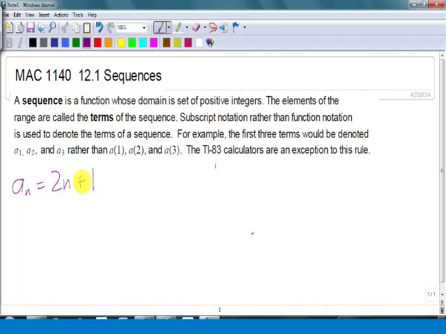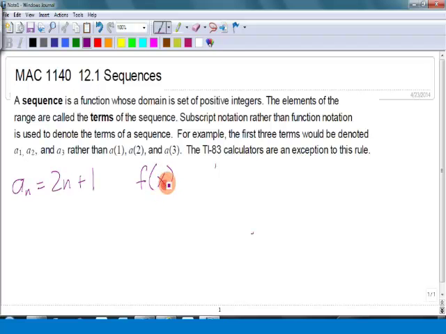Now, instead of giving it a name like F, we give it a name like A. A, B, and C are going to be good names for sequences. Also, U, V, and W. If we're doing this on the graphing calculator, it just chooses to use U, V, and W for names of sequences.